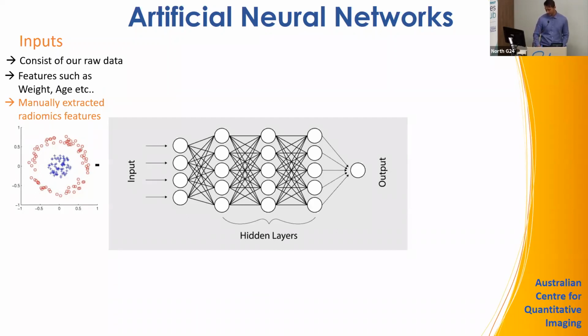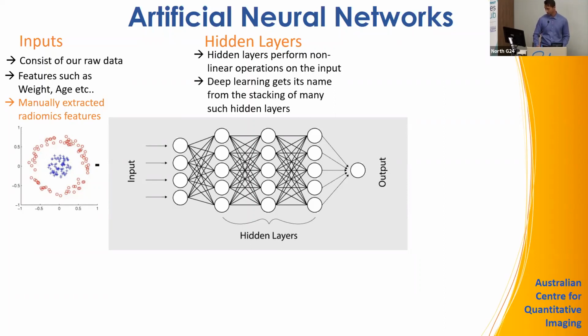And this is where deep neural networks come into play, because they are highly specialized in working with large data sets. So as we input our data into the input layers, they move through into the hidden layers. Now the hidden layers perform nonlinear operations on those data points. And deep learning gets its name from the stacking of many such hidden layers.